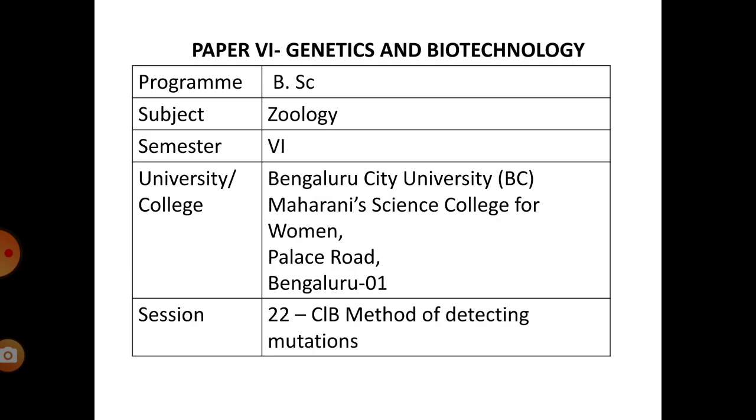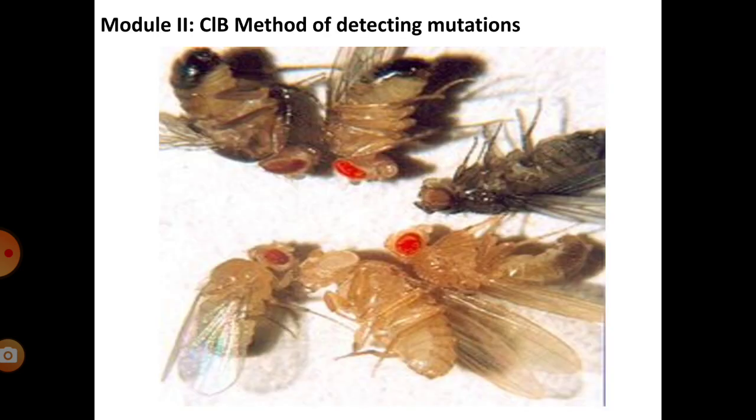Now, you can see here the Drosophila, commonly called fruit flies, which are popularly called the Cinderella of animal genetics, because lots and lots of experiments and work have gone on these flies.